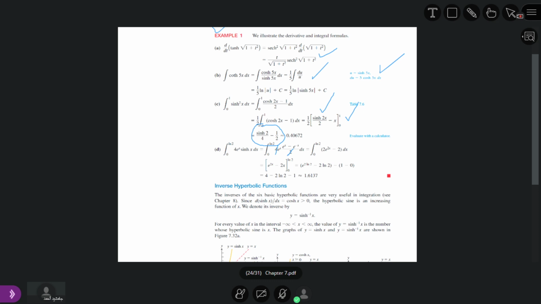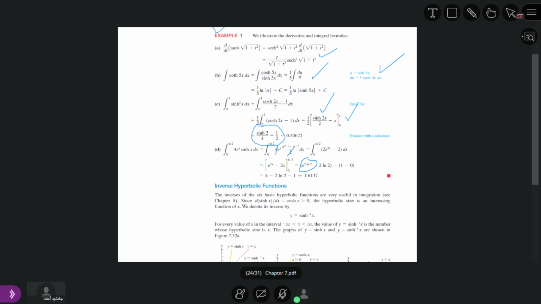Here, whenever we put it in, it is equal to e^(2 ln 2). We use the property of the natural log, so it becomes e^((ln 2) squared)... the natural log and exponential function are inverse of each other.